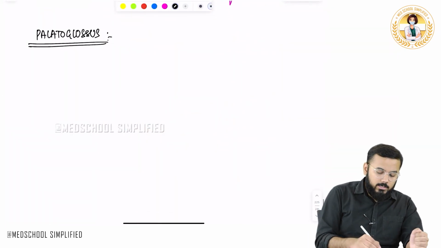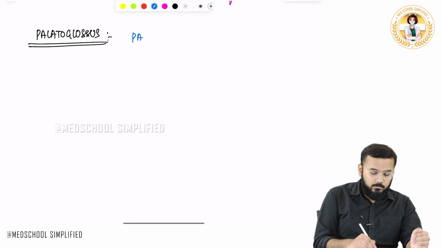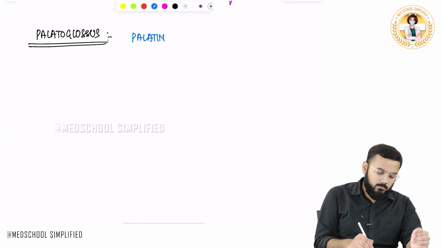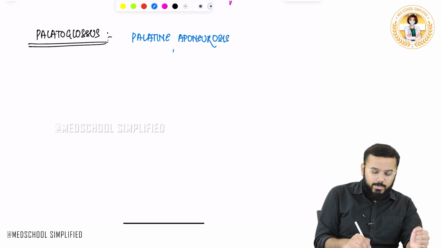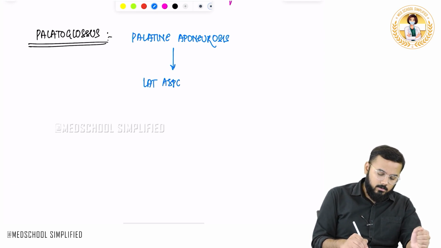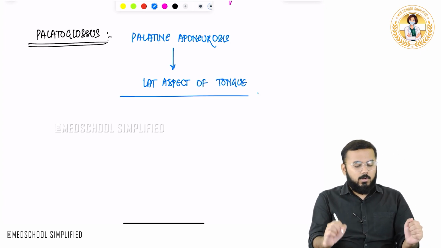So, origin is from the palatine aponeurosis, all the way till the lateral aspect of your tongue. So, this is what is called your palatoglossus.